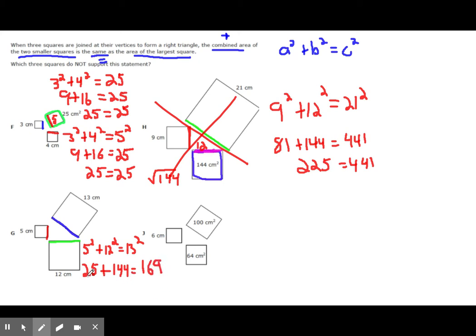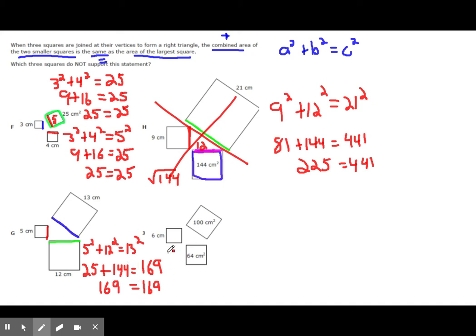So 25 plus 144 is equal to 169, which is in fact equal to 169. So far F is correct and G is correct.